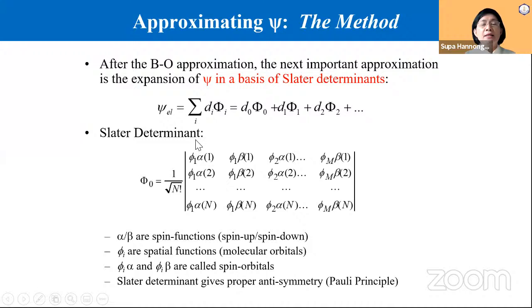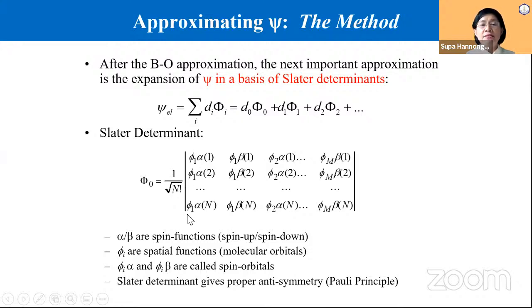Okay, we cannot solve it directly, but the Slater determinant proposes that the wave function phi 0 is equal to the normalization term over here, 1 over square root of n factorial.